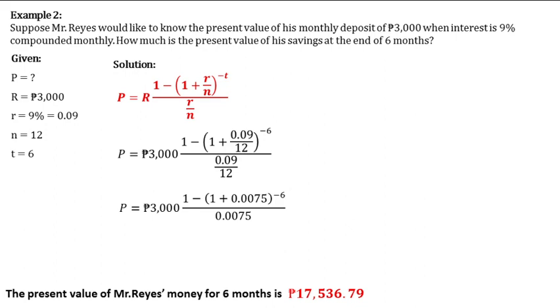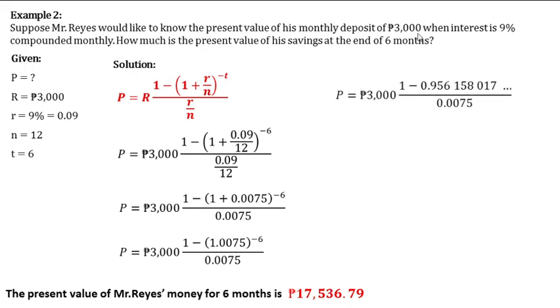So, 0.09 divided by 12 is 0.0075 plus 1. Yan ay 1.0075 raised to negative 6. Yan ay 0.956158017. So, meron tayong ellipsis ulit to show na hindi dapat putulin o i-round off agad yung nakuha nating answer unless final answer na siya.